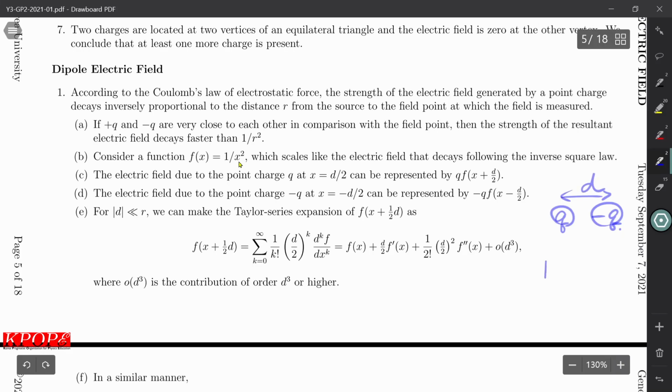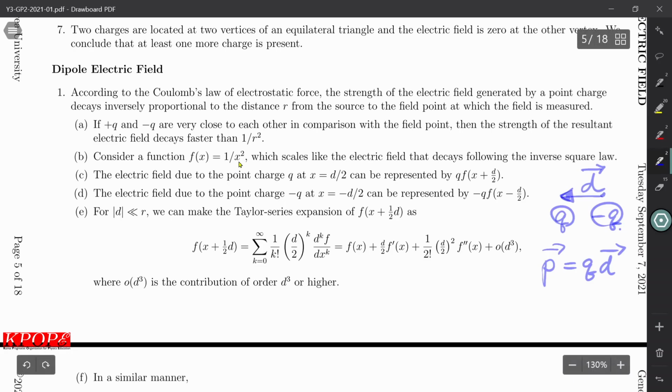So we define the dipole moment as Q d vector, and here vector d has the direction from the negative to positive.